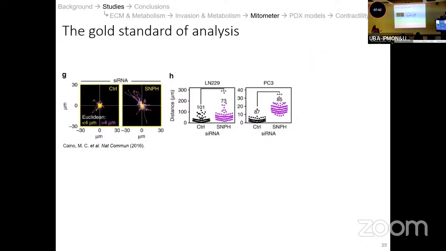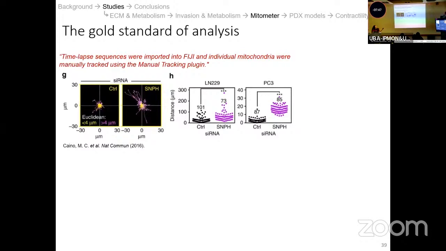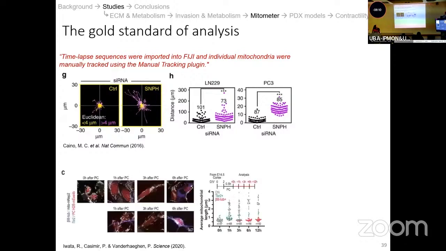So when a new student took over this project, he saw that in all of the literature, they were using Fiji to track mitochondria. And if any of you have ever used Fiji or ImageJ or something to track, let's say, a vesicle, you have to do one click at a time. And he said, forget this. I don't want to spend my life clicking thousands and thousands of images to do this.